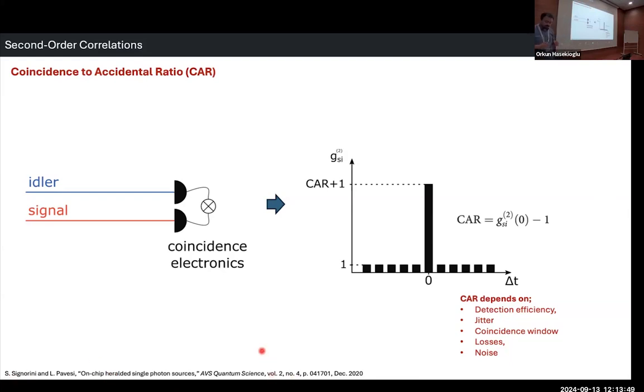The literature is here. You make a subtraction from the maximum value and you get a CAR value. This CAR value is quite important. If it's high, then it's a very good source that can create photon pairs efficiently instead of multi-photon pairs, etc.